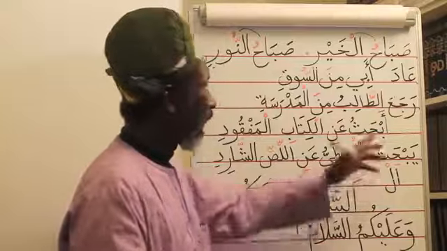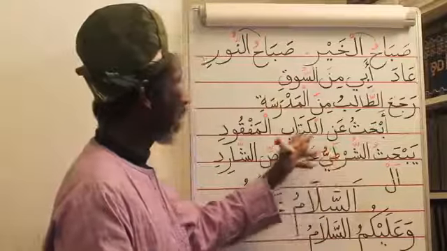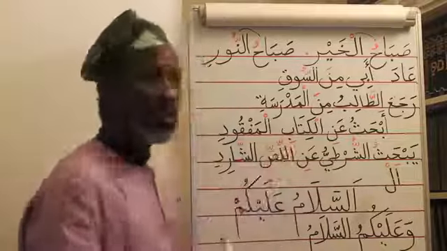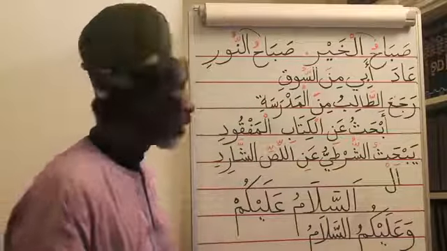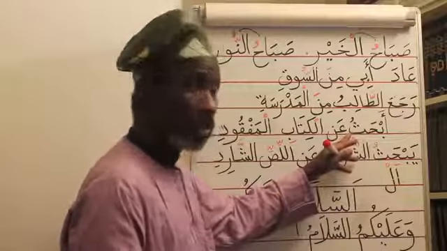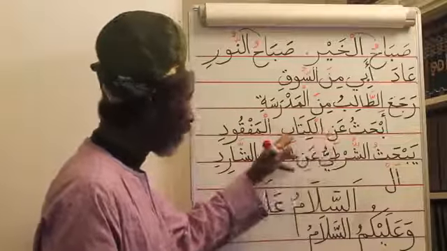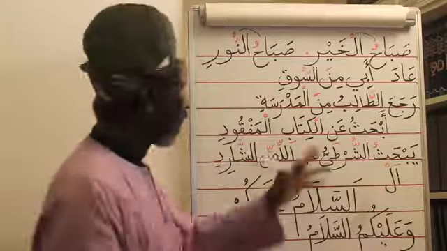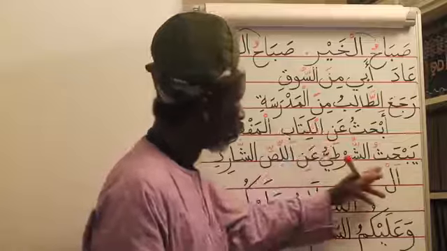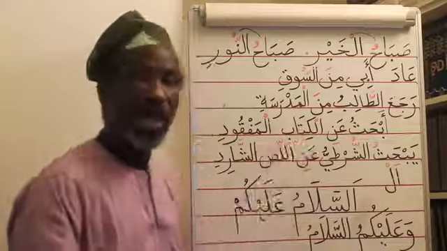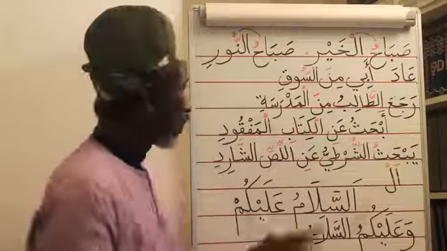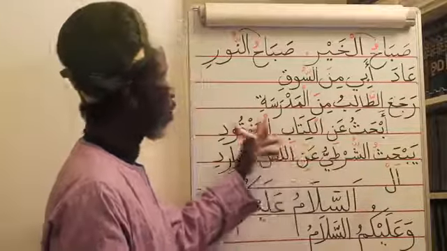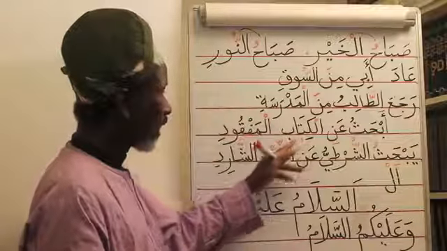Next sentence. أبحث عن الكتاب المفقود. I'm searching for the missing book. أبحث, I'm searching. عن الكتاب. Again, this alif is silent because it's not at the beginning. The lam retains its sukun because the kaf is a moon letter, not a sun letter. Abhathu anil kitab, the same principle, anil kitab.